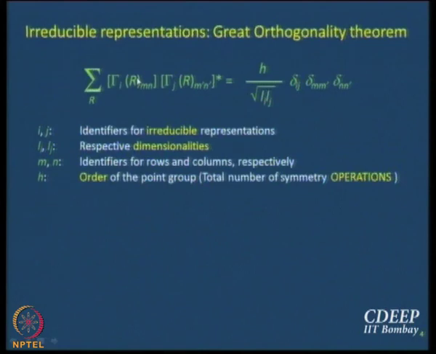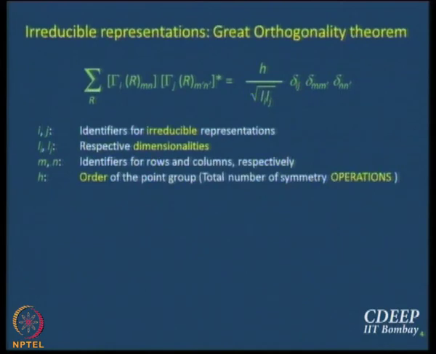what is gamma i R? The transformation matrix corresponding to the operation R in the ith irreducible representation, right? When you multiply this by gamma j R m' n' star, not very difficult to understand anymore, the complex conjugate of the m'n'th element of the transformation matrix corresponding to the same R, not in the ith irreducible representation but the jth irreducible representation.